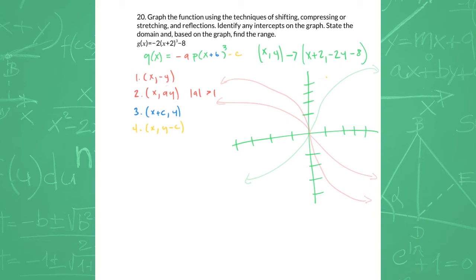All right. After a horizontal shift to the left, we have a graph that looks like this. And after a vertical shift, negative 8 units, we have a graph that looks something like this. Okay? So that's our graph.